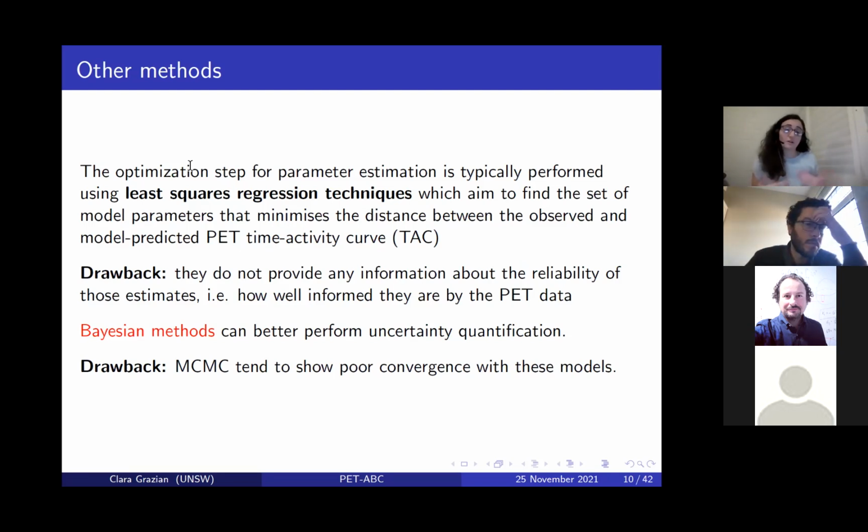There are also some proposals for applying Bayesian methods to this type of problem. But in practice, what can be observed is that MCMC tend to be very slow in convergence and show a poor mixing. So this is one of the main reasons why Bayesian methods are not popular for this type of models, at least to the best of my knowledge.